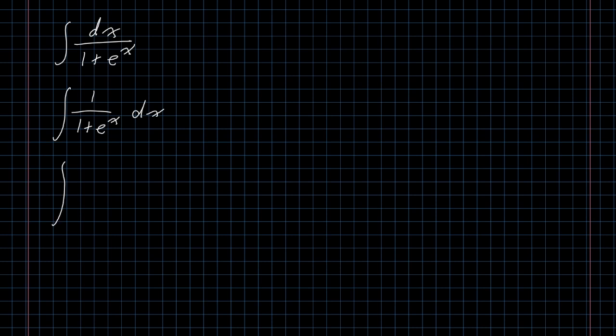It would be really nice if I had an e to the x in the numerator. And I can make that happen. I added and subtracted e to the x in the numerator at the same time.